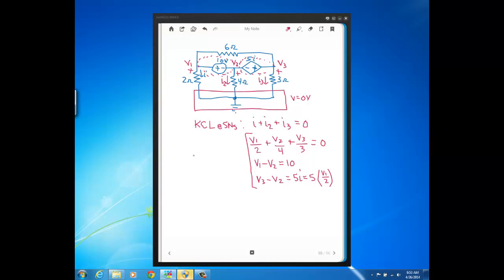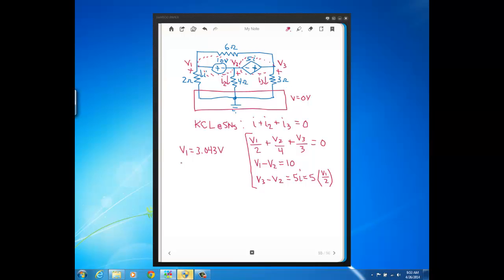And again, I'll just give you the answers here, and you should make sure that you can work through and get these. V1 comes out to a voltage of 3.043 volts.